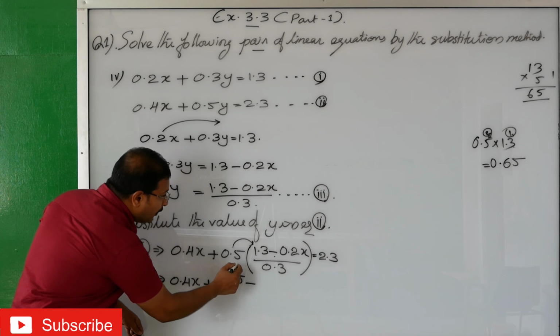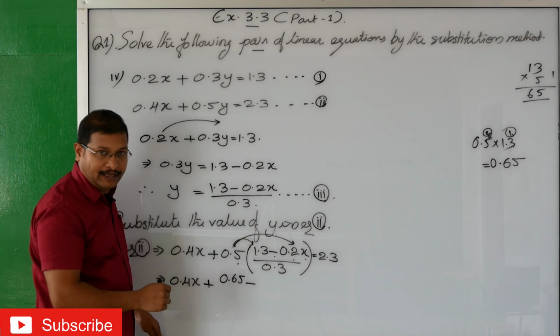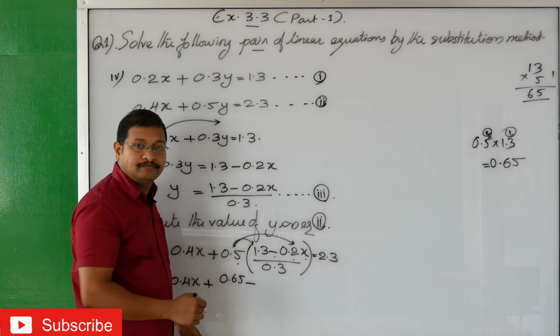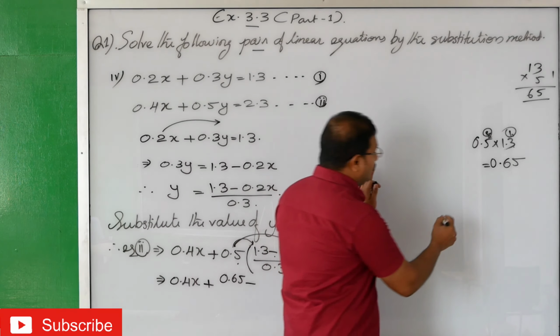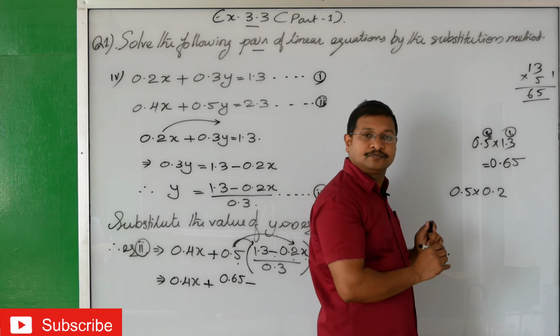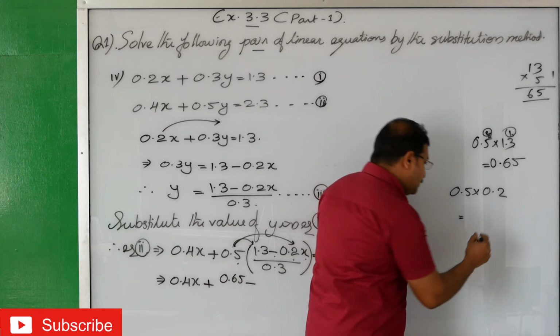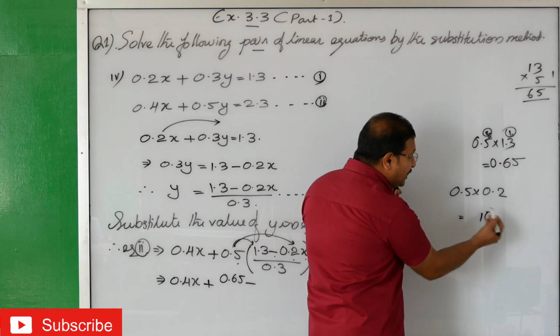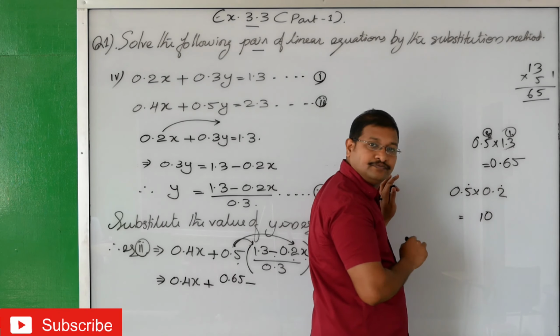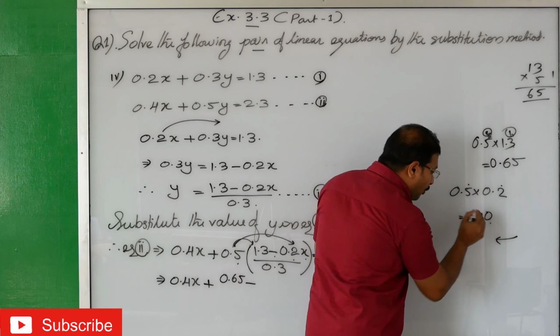Minus. Now, 0.5 into 0.2x. First we will think only 5 and 2. 5 2s are 10. After that, how many digits are here? 1, 2. So count from right to left, 1, 2, point.